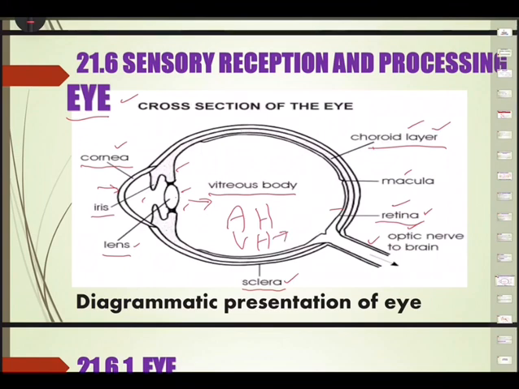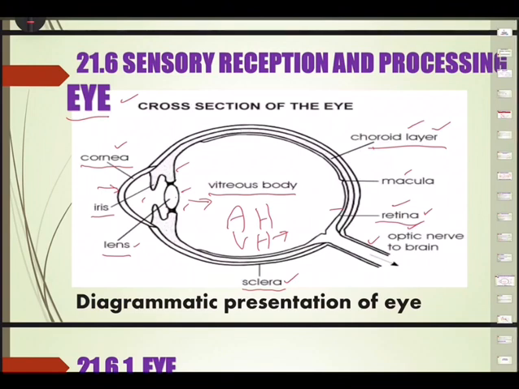The stimulus perceived by rods and cones results in the dissociation of the photosensitive pigment, that is rhodopsin, into opsin and retinal, an aldehyde of vitamin A, retinol we call it. So it is converted into opsin, which is a protein, and retinal. This dissociation results in changes in the structure of the protein opsin.